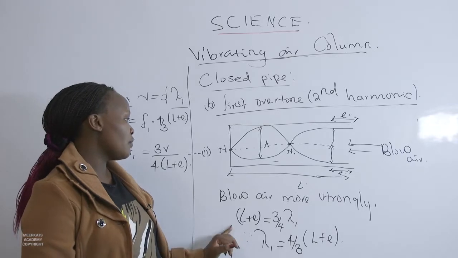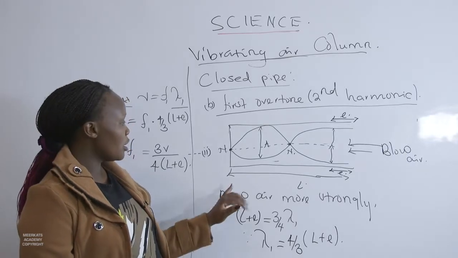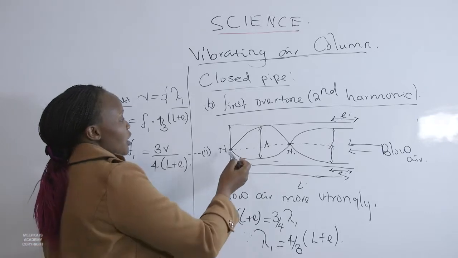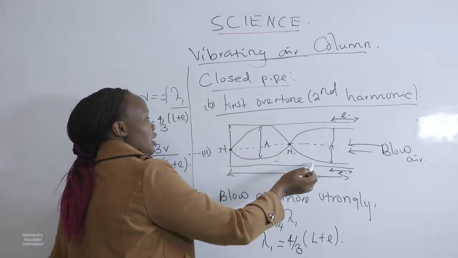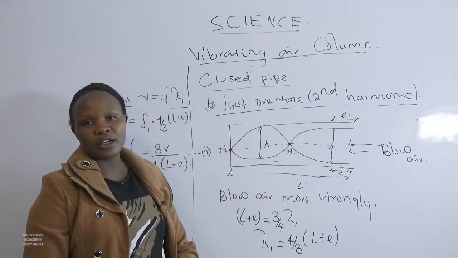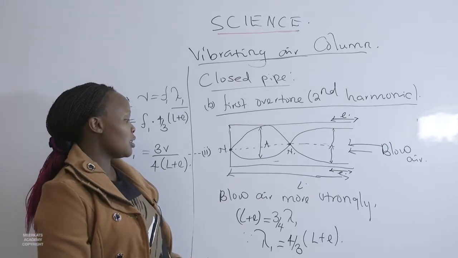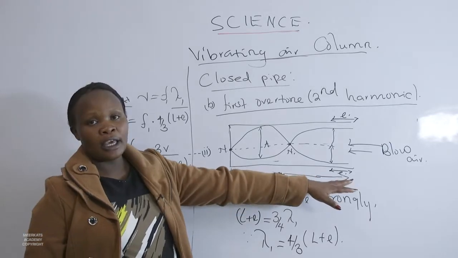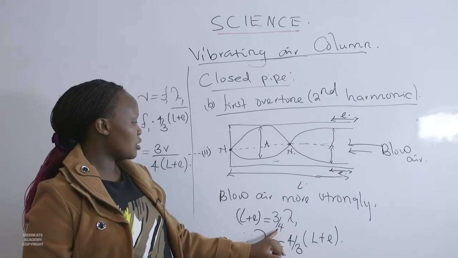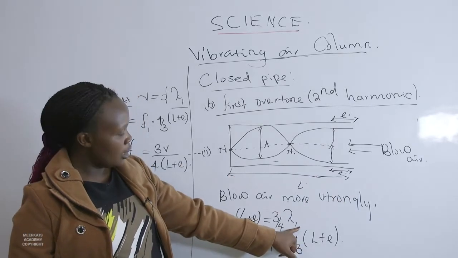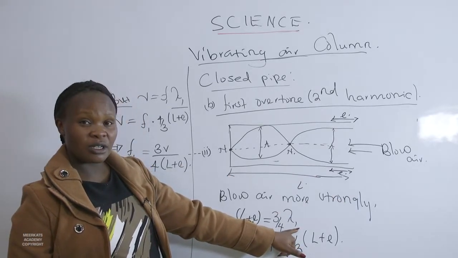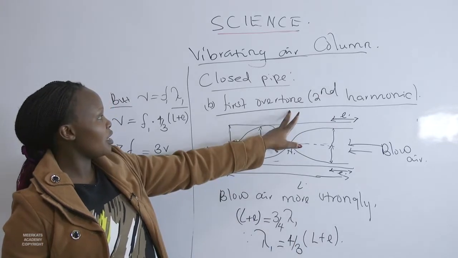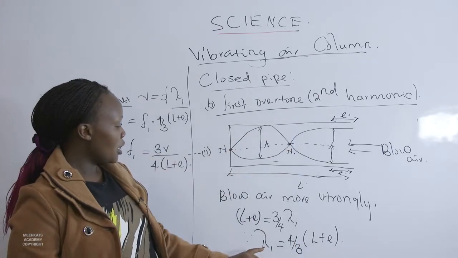Now, if that be the case, this one of ours has a crest and a trough, which means that this entire length is going to cover 3/4 of a wavelength. Again, we are giving it subscript 1 because it's the first overtone.